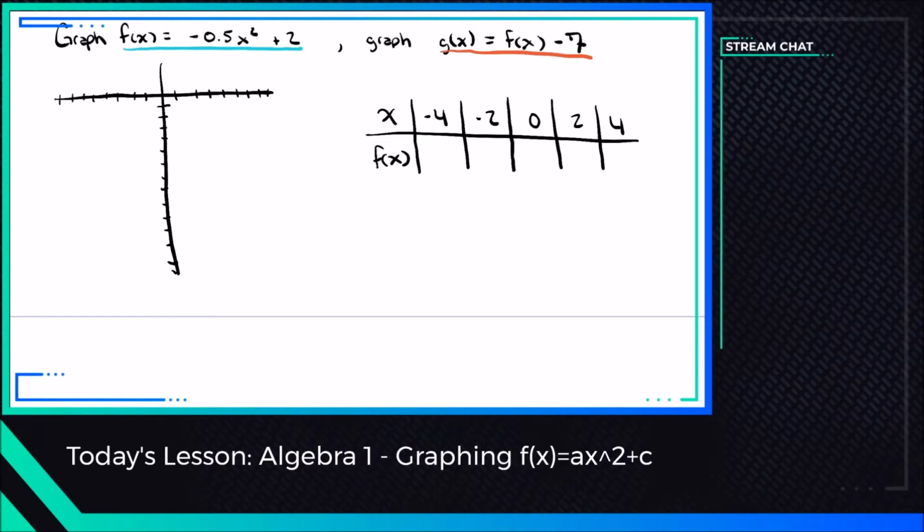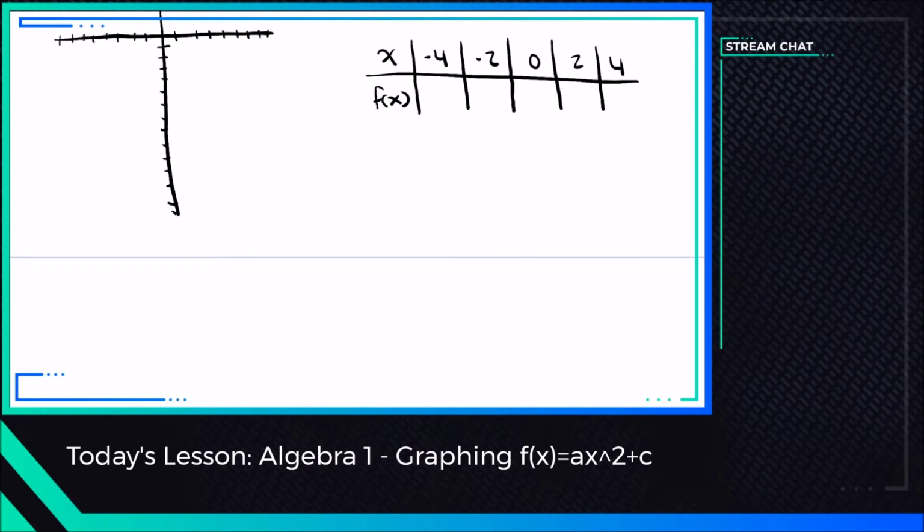And if we plug in -4 into this graph, let's do that right down here, actually, because I need to preserve the room of this table. So we're going to take f of x is equal to -0.5x squared plus 2. And so for f of 0, that's going to equal 0 plus 2, which is just equal to 2.